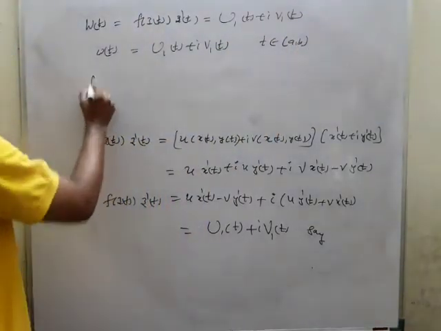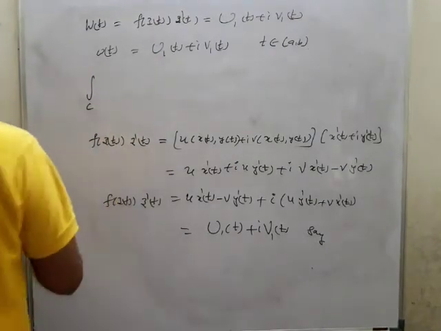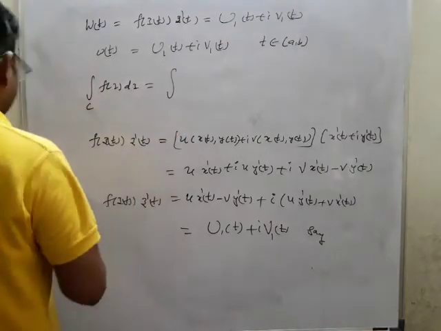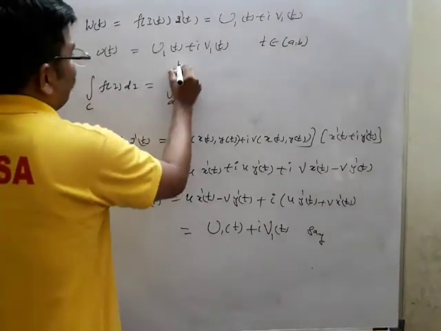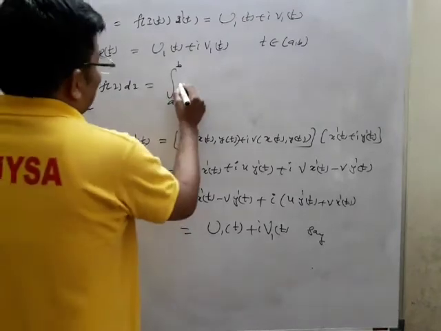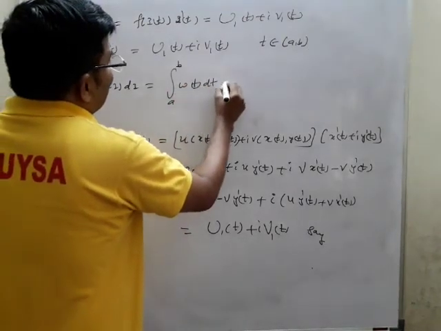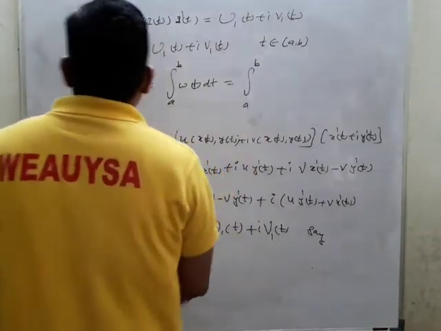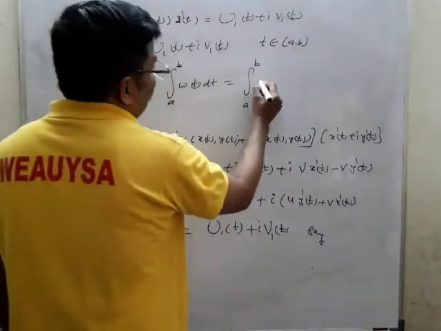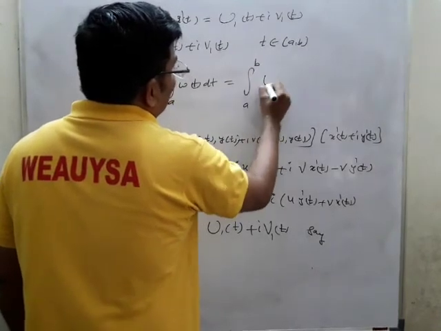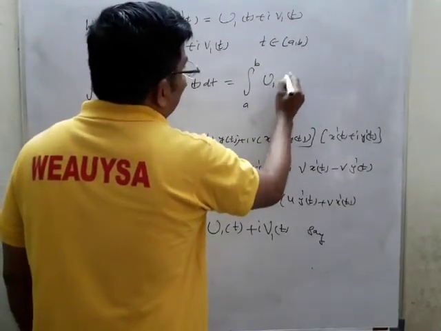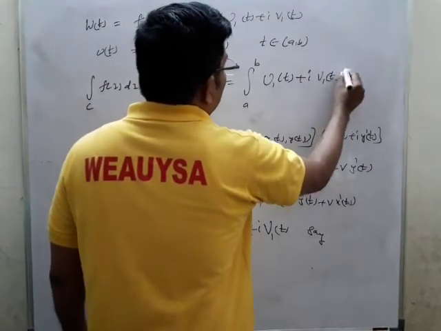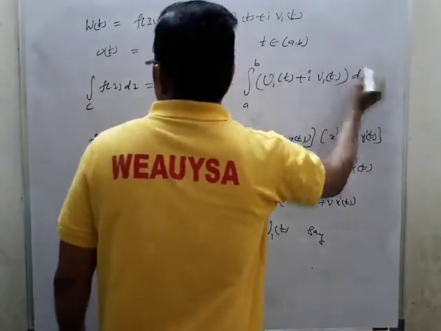Now the integral over C of f(z) dz is equal to the integral from a to b of w(t) dt, which I may write as the integral from a to b of u1(t) + i v1(t) dt.